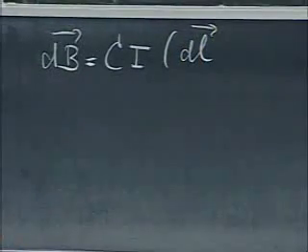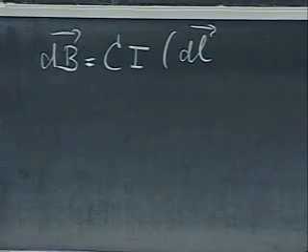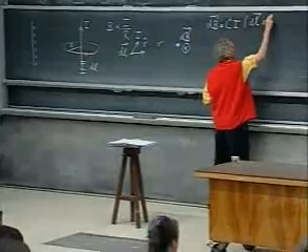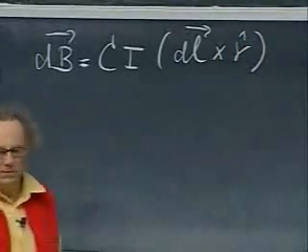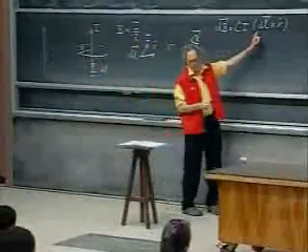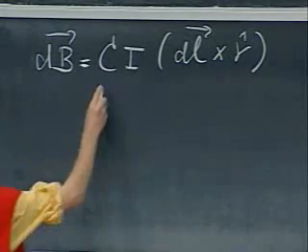If it's longer, then the magnetic field is larger. And in order to get the direction right, perpendicular to the blackboard, you take the cross product with the unit vector r. The unit vector r has length 1, so you only do that in order to get the direction right. And then it's inversely proportional to r squared.